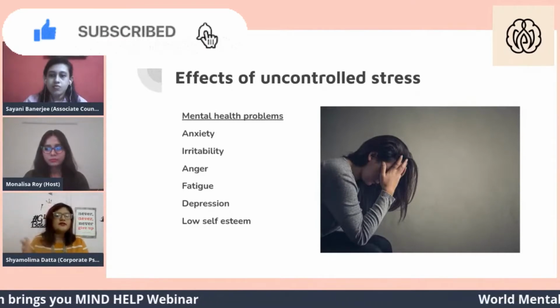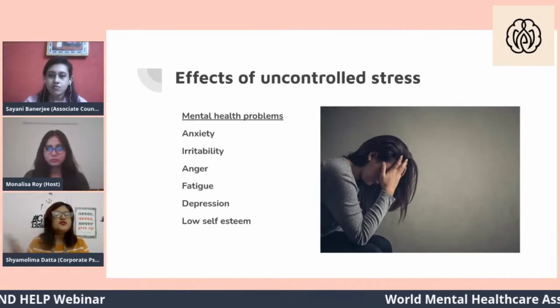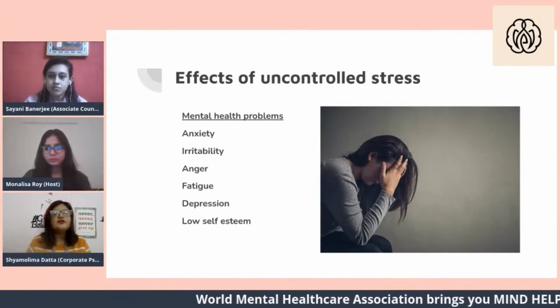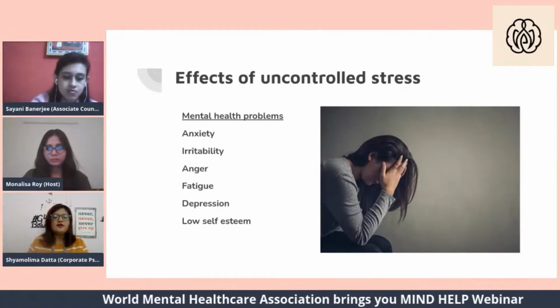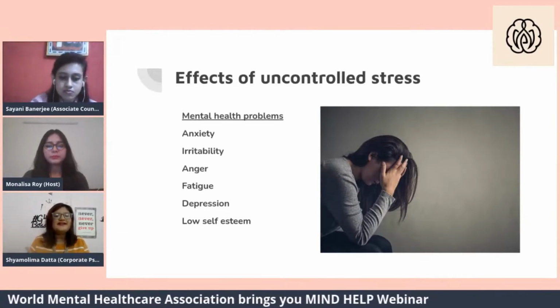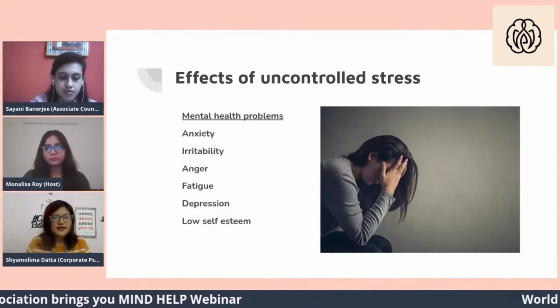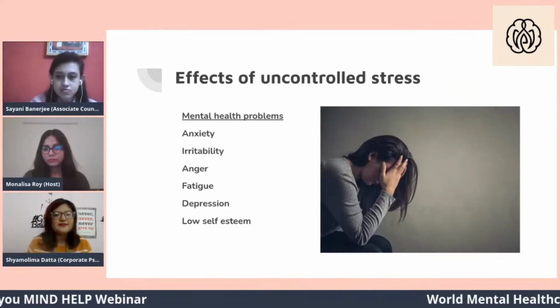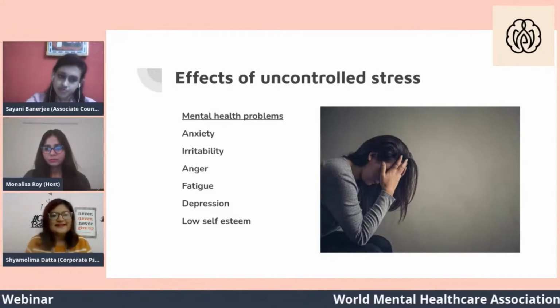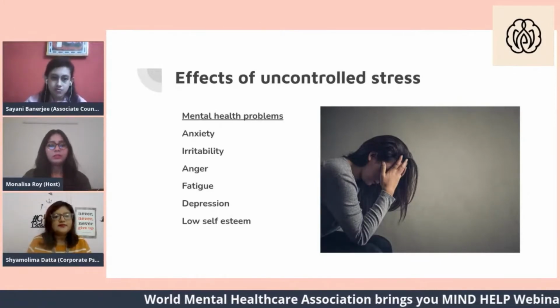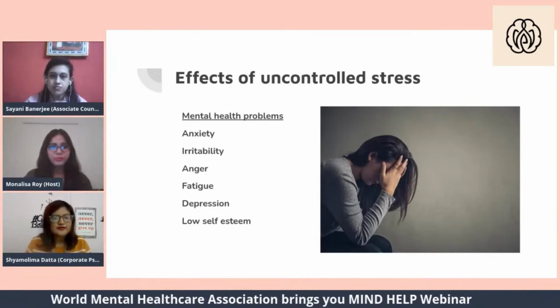These are the symptoms you can experience when you are experiencing a high level of stress. It could be at the workplace, or in general, but since we are specifically talking about the workplace, I'm talking about workplace stress only at this point of time. Those are the major symptoms which I wanted to discuss.